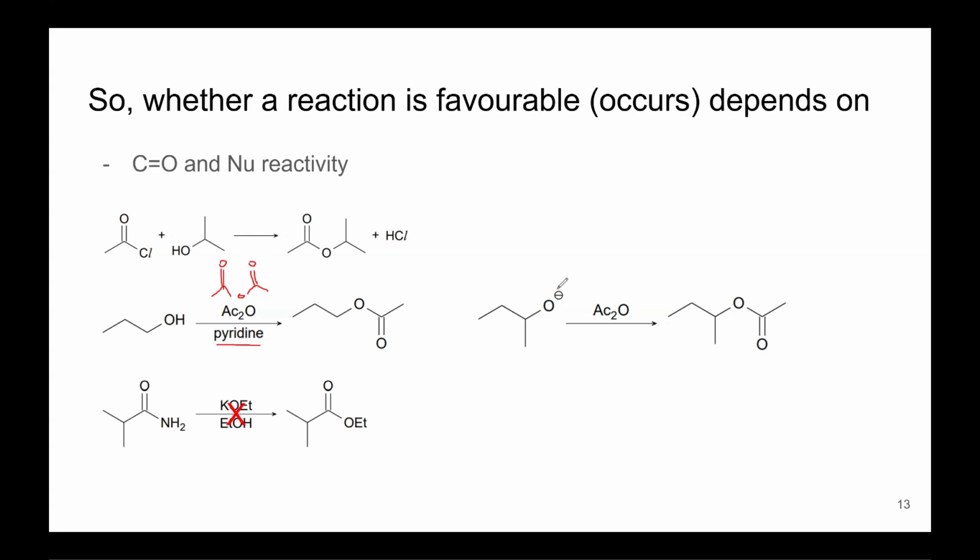But if you use a deprotonated alcohol, because the hydrogen is removed, it becomes much more nucleophilic, so it can react with this anhydride really easily. So you don't need the help of pyridine.